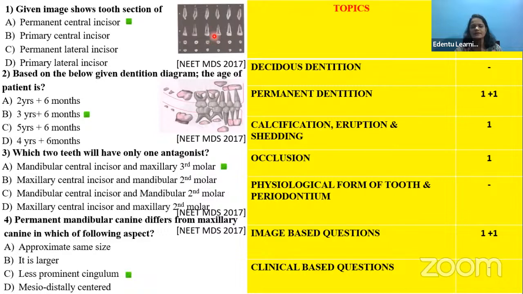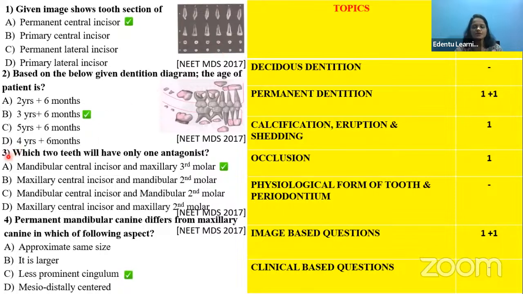In this picture they have given all surfaces, like the mesial, labial, lingual and occlusal surfaces. Sometimes they can give just the occlusal surface alone and ask you to identify the tooth.